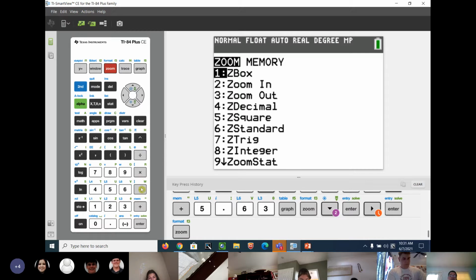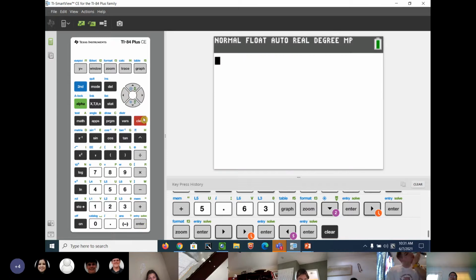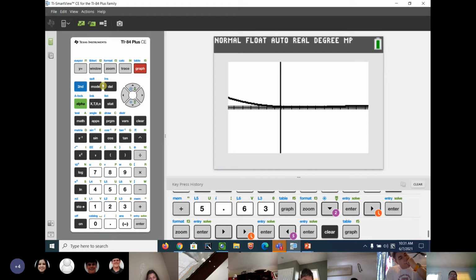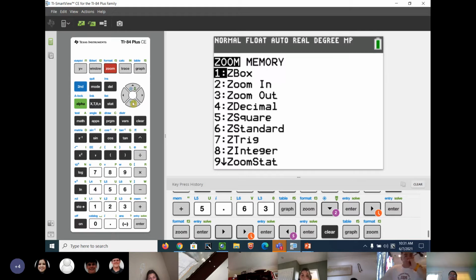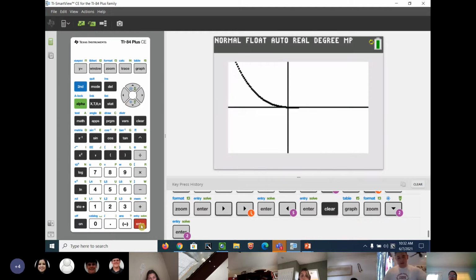And then when I get to a view that I like, then I zoom box so I can see it a little bit better. Okay, it didn't like that. Let me try it one more time. Zoom out and enter. There it is.